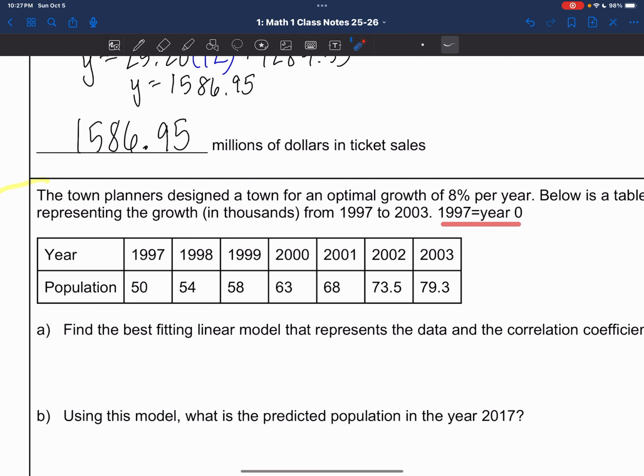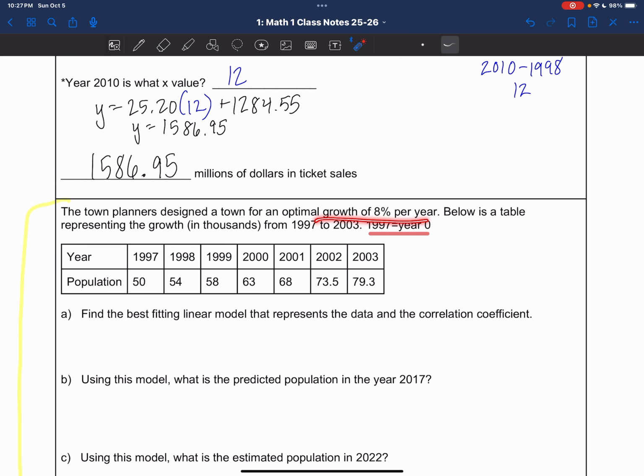However, if you notice, it's talking about the optimal growth 8% per year, and then it's saying from 97 to 2003, but it's telling you this. So that means 1997 is actually 0. So this is going to be 1, 2, this 3, and these are just increasing by 1 year, so it's okay to count like this.